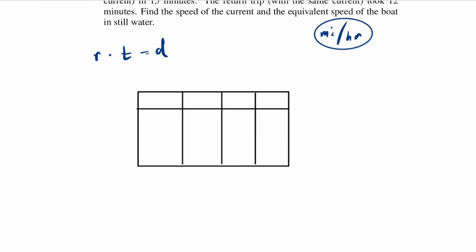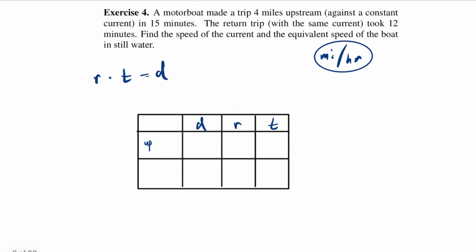We got upstream. We got downstream. All right, so let's see. What do we know about the distance? The upstream distance was 4 miles. So that would be 4 for upstream distance.